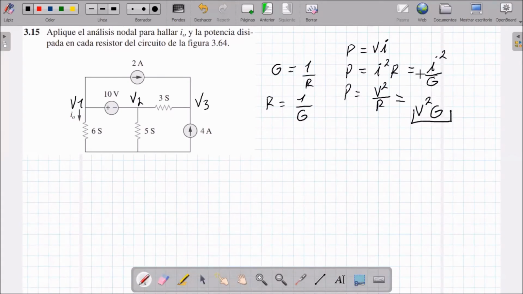This is the way to determine the power, or this other. Of course you could also determine the voltages and apply them.